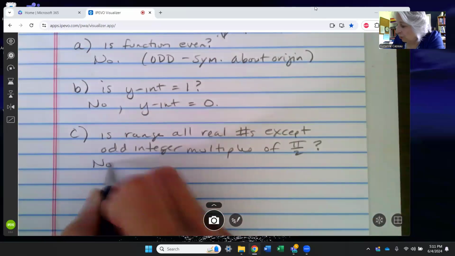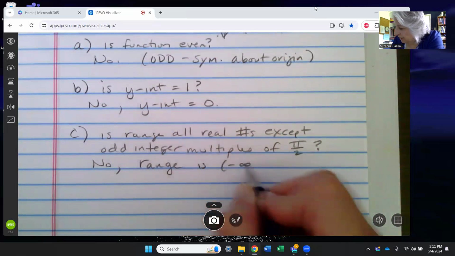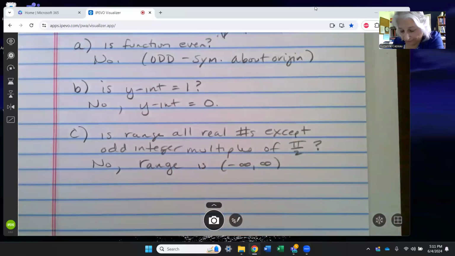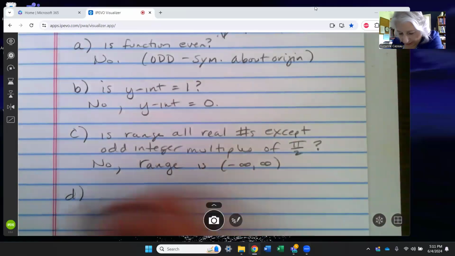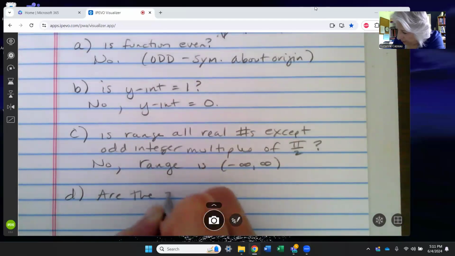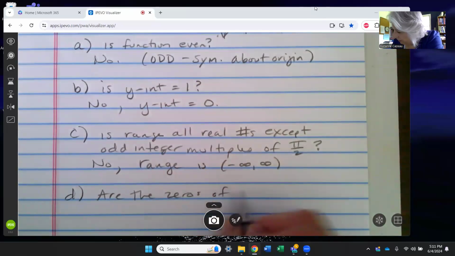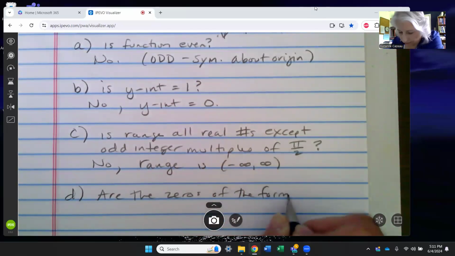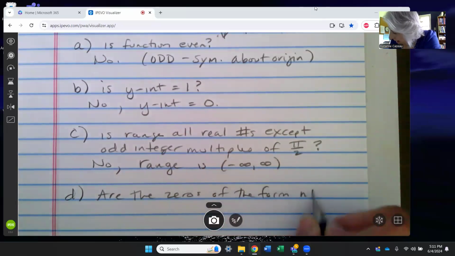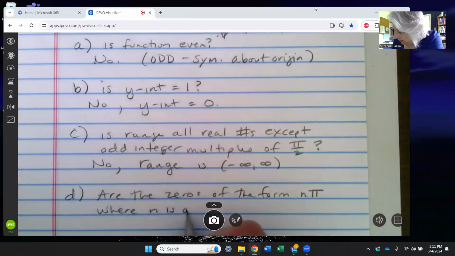The answer is no. The range is negative infinity to infinity. Okay. Part D. Are the zeros of the form n pi, where n is an integer?